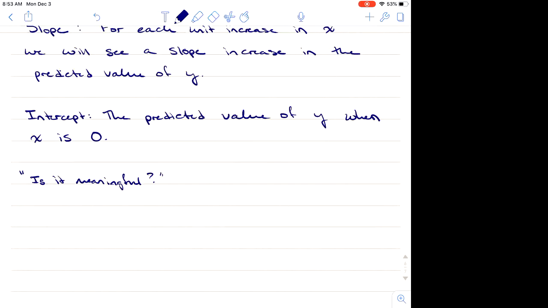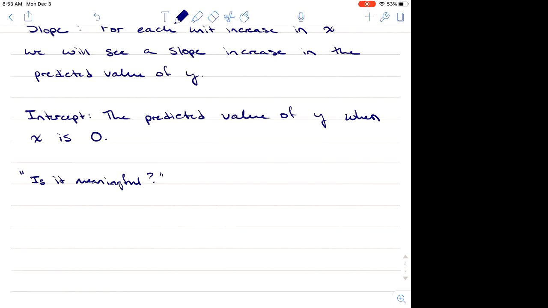You have to ask yourself, well, can x be 0? Right? So in this case, we've got the weights. Do you even care what the predicted value of the length is when the weight is 0? Probably not. A marmot that weighs 0 doesn't exist, right?